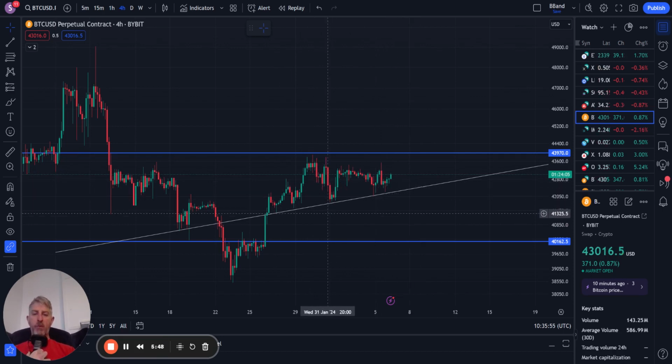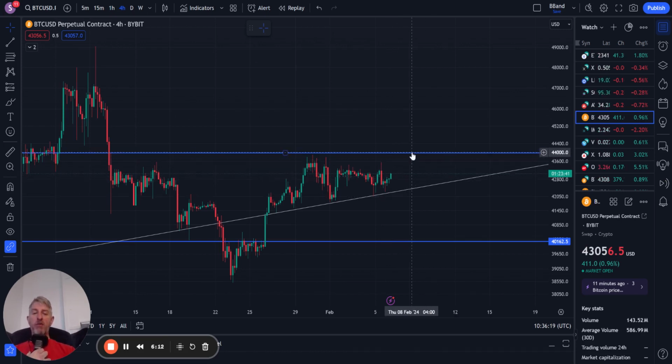So higher lows signifies an uptrend, but you wouldn't describe this as an uptrend because of the lack of higher highs, and so it's more of a squeezing, an upward squeeze on price action that will hopefully resolve one way or the other. I don't care which way it goes. I just want it to resolve one way or the other.